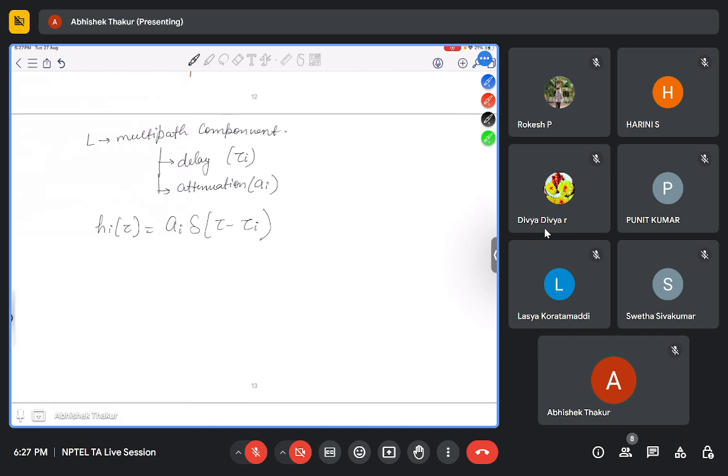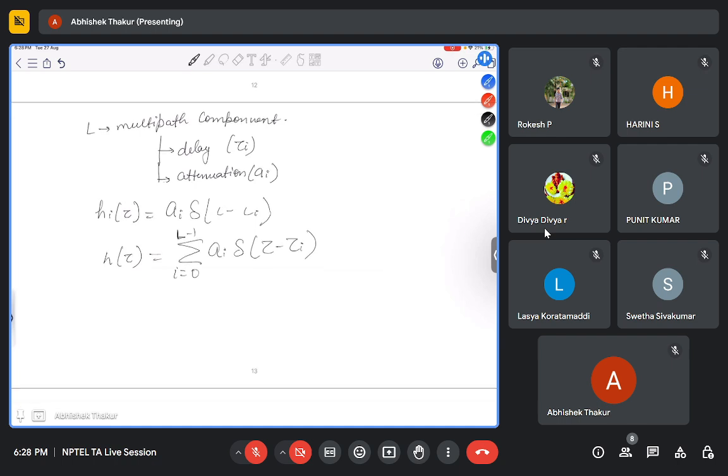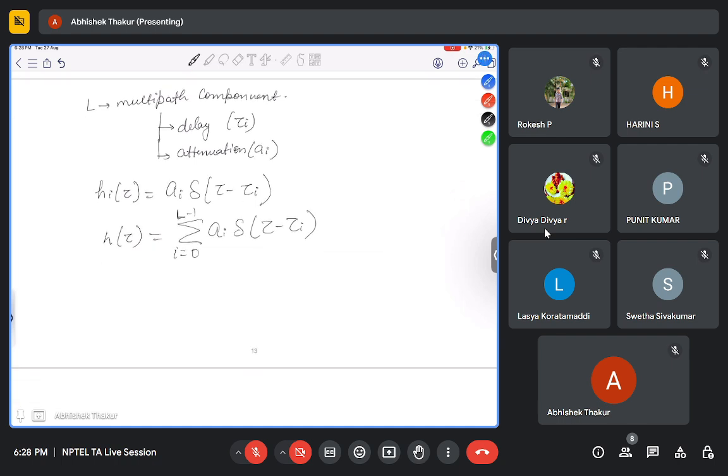Now there are L multipath components. So the impulse response of the channel h(tau) will be the summation of a_i delta of tau minus tau_i, where i goes from 0 to L minus 1 because there are L multipath components. Some components will be non line of sight and some line of sight, and each such path i is characterized by two parameters: delay tau_i and attenuation a_i.